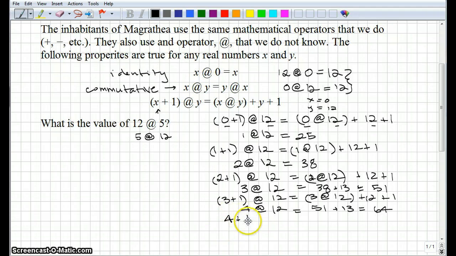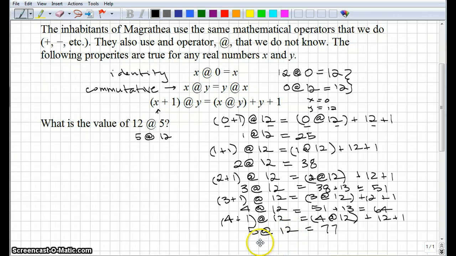4 plus 1 at 12 is equal to 4 at 12 plus 12 plus 1. And so we end up with 64 plus 13, which is 77, is equal to 5 at 12.